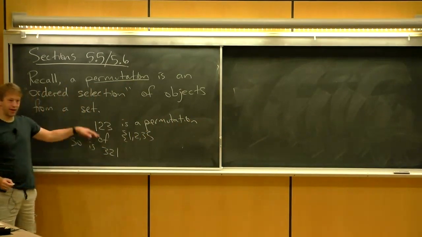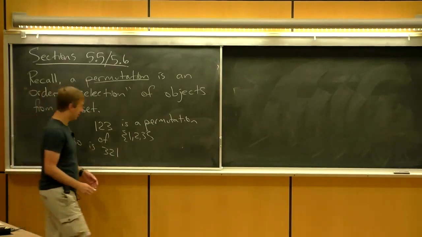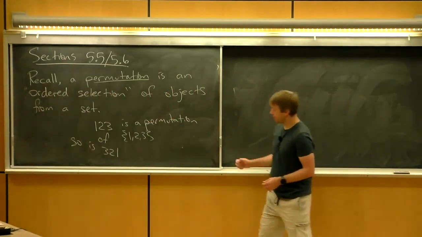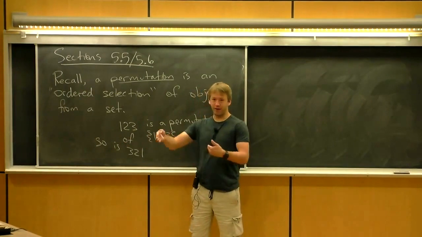Right? And these are different permutations of 1, 2, 3. So yeah, it's a linear arrangement. You arrange the elements from left to right.